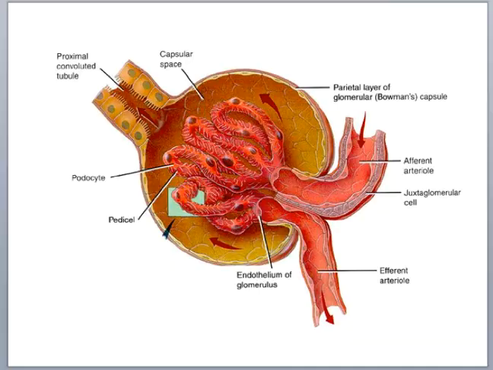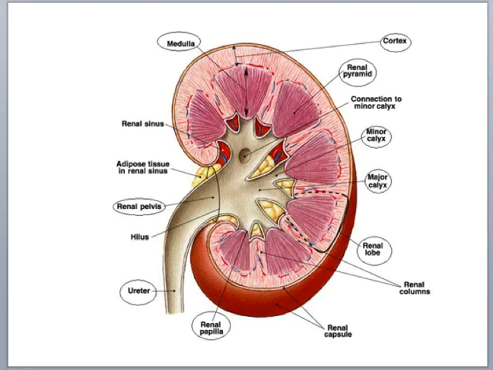Now, where are those collecting ducts located? Let's go back to this picture. You see the renal pyramids, and they have a very striped appearance. That striped appearance comes from the fact that all these collecting ducts from all of these nephrons come down through the medulla and will ultimately collect at the renal papilla.